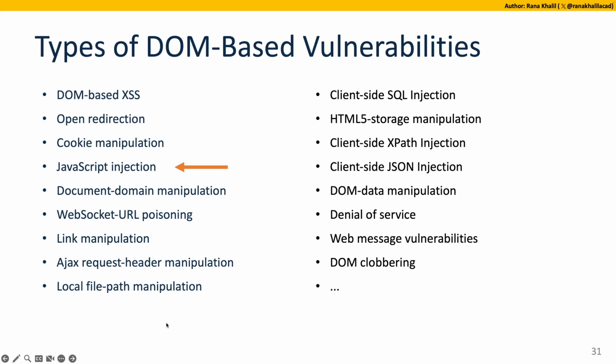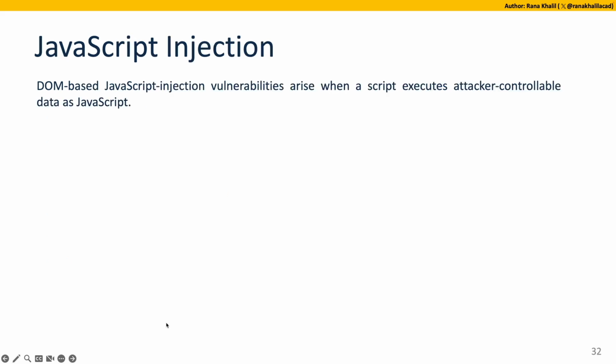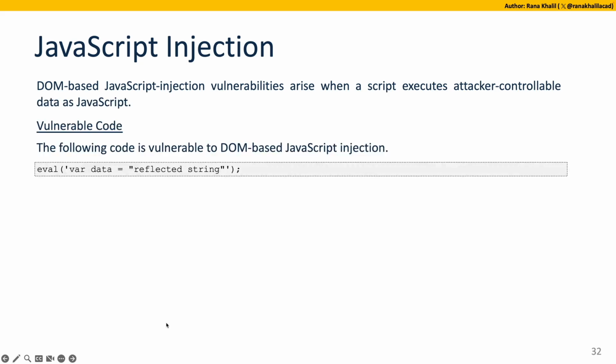Next, we have JavaScript injection. DOM-based JavaScript injection vulnerabilities arise when a script executes attacker-controllable data as JavaScript. In the example over here, the application is taking client-supplied input and passing it unsanitized into a dangerous function called eval, which evaluates JavaScript.